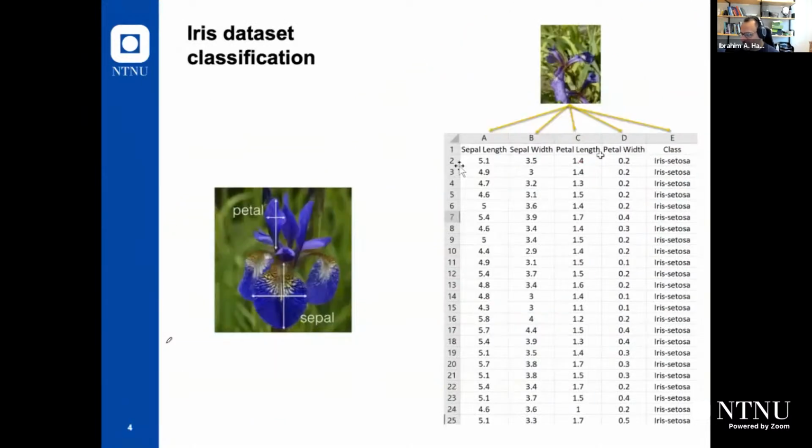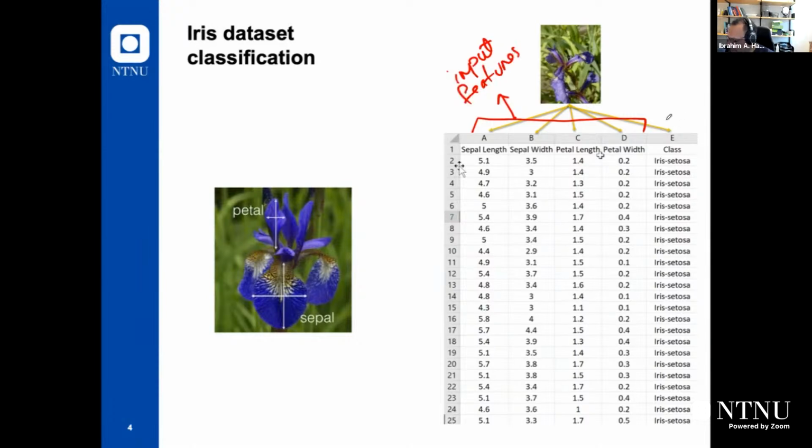I want to explain this IRIS dataset because we will use this dataset in many places. This IRIS dataset is used for classification. It's a multi-class classification problem. As you can see here, we have 5 columns. The first 4 columns are input features.